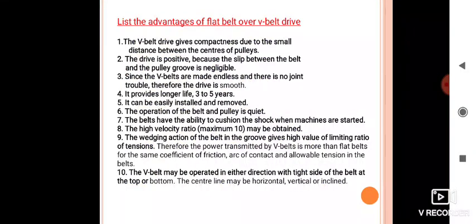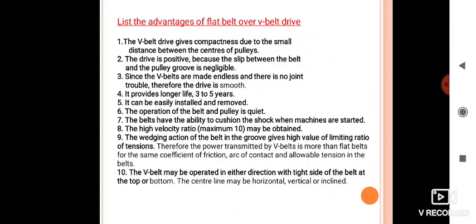Next question, list the advantages of the V belt over the flat belt drive. The V belt drive gives compactness due to the small distance between the centers of the pulleys. The distance between the pulley centers is very small, so because of that we have more strength.